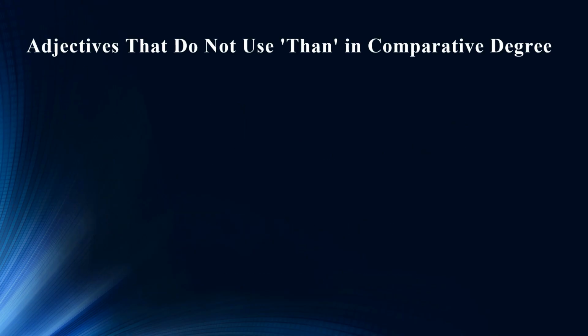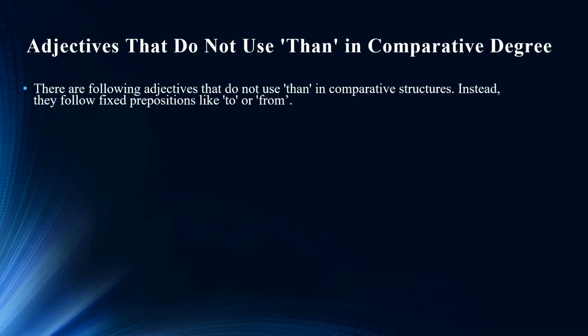There are certain adjectives that do not use than in comparative degrees. So usually in comparative degrees, when we compare two objects, we use than. There are the following adjectives that do not use than in comparative structures. Instead, they follow fixed prepositions like to or from. Using than with them is grammatically incorrect.